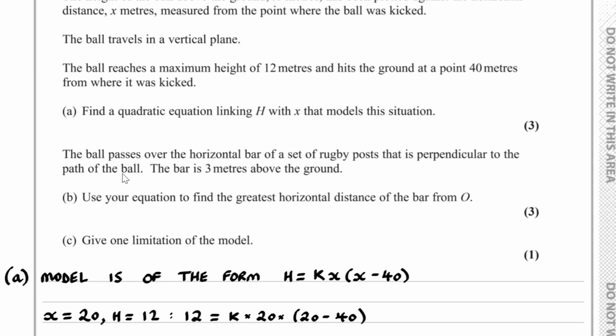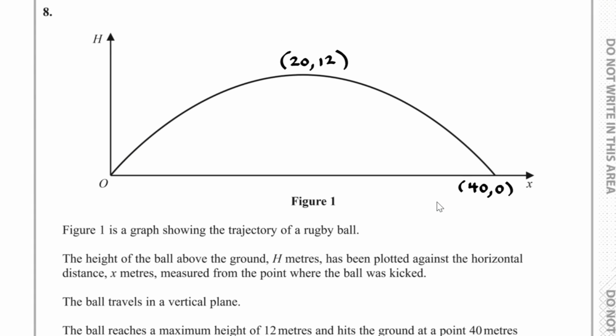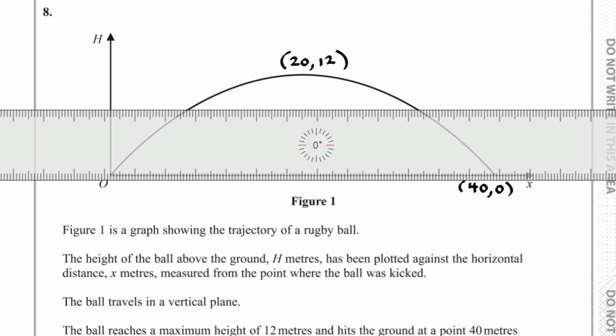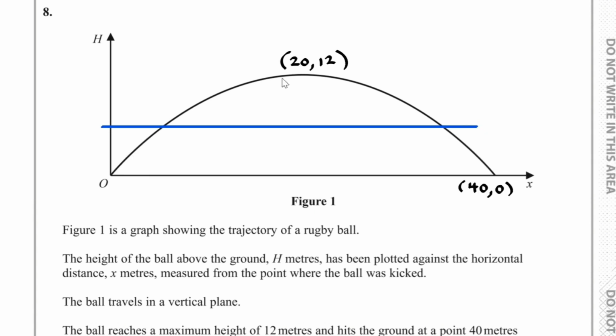And then the ball passes over the horizontal bar of a set of rugby posts that is perpendicular to the path of the ball. The bar is 3 meters above the ground, and with our equation we have to find the greatest horizontal distance of the bar from O. Well, what we are saying over here is we've got this horizontal post over here, which is 3 meters above, and what we need to do is find out these x values, and once we found those x values we can find the greatest horizontal distance.